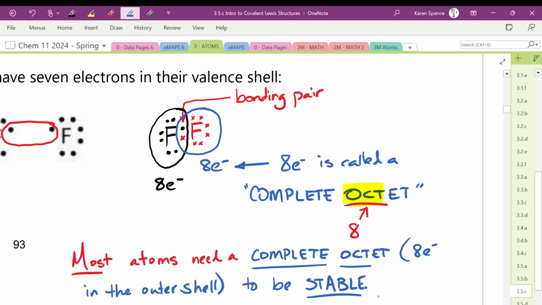So most atoms need a complete octet, in other words, 8 electrons in the outer shell in order to be stable.